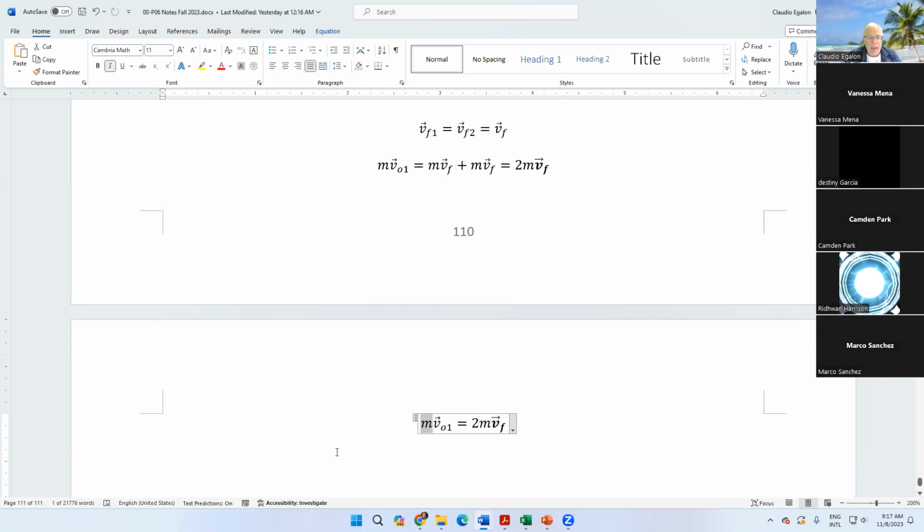Mass cancels with mass. That's the next step. And finally, the final velocity should be V01 divided by 2.